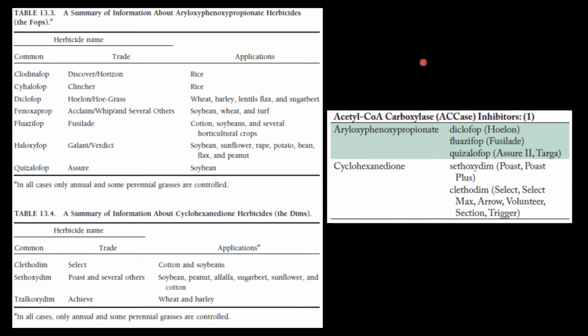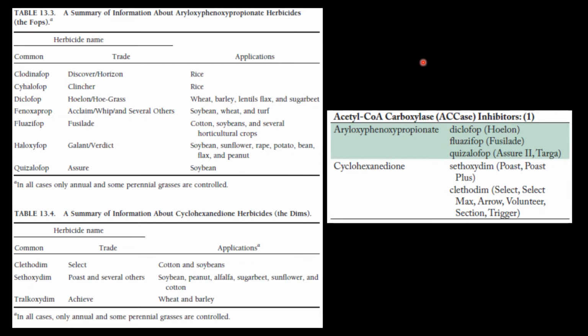These herbicides are absorbed through the foliage and translocated in the phloem to the meristematic regions. The post-emergence grass control herbicides halt meristematic activity by inhibiting the ACCase enzyme that is involved in the synthesis of lipids and fatty acids.